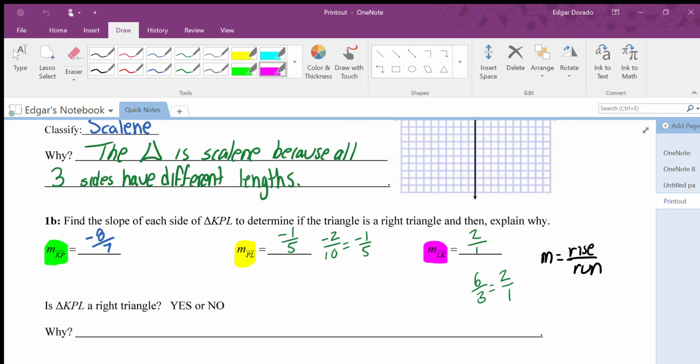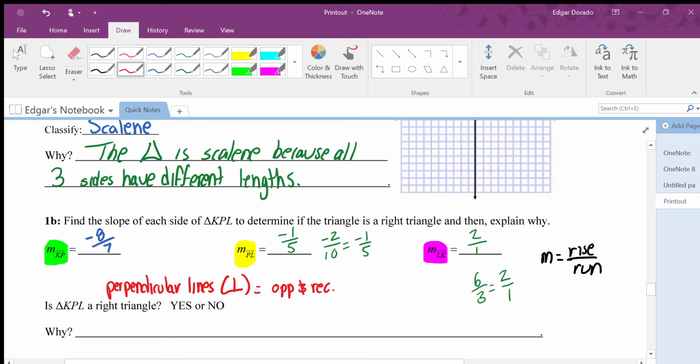And in the previous unit, we said that perpendicular lines, remember this little symbol there, a little upside down T. So perpendicular lines have opposite and reciprocal slopes, meaning if it was negative, it's now a positive, and it's the exact flip version.